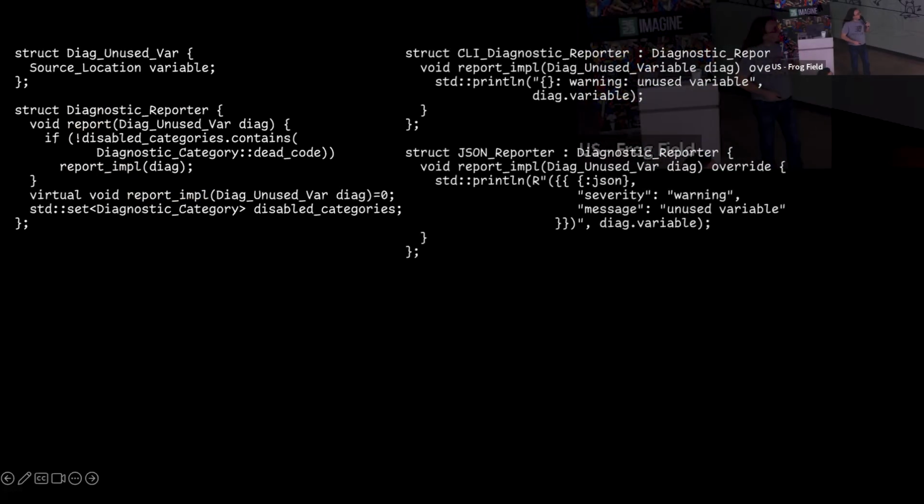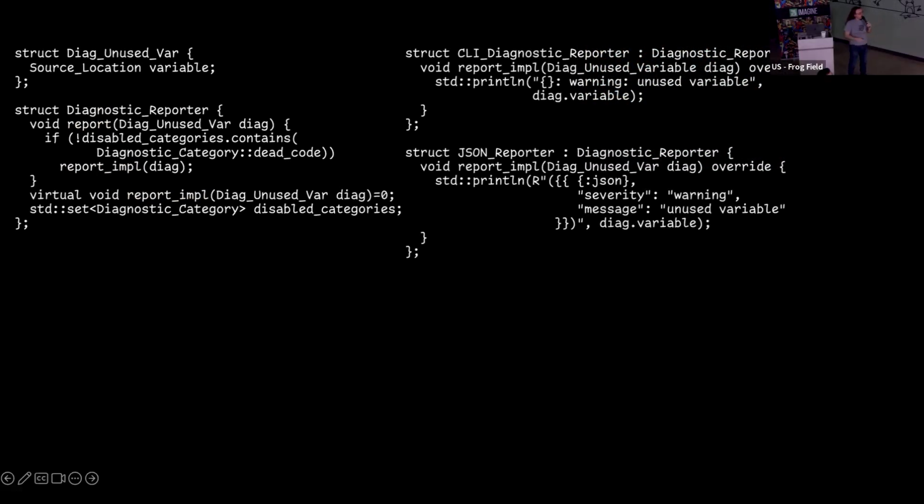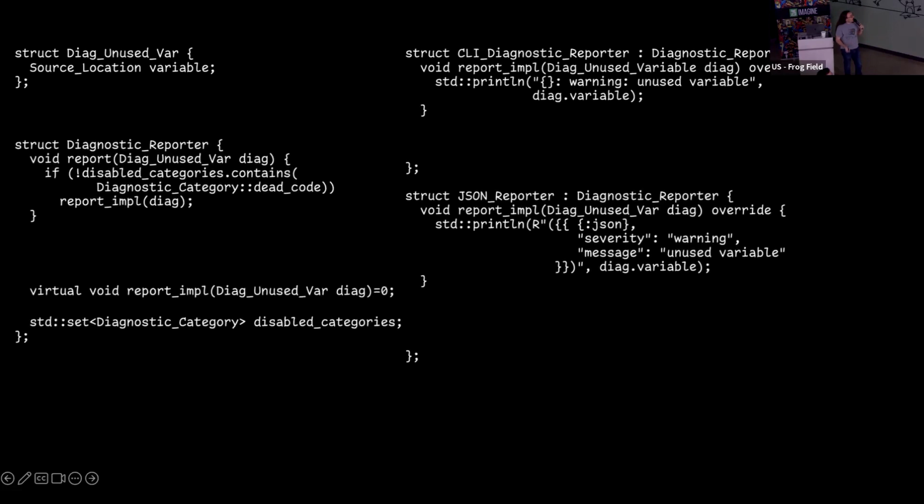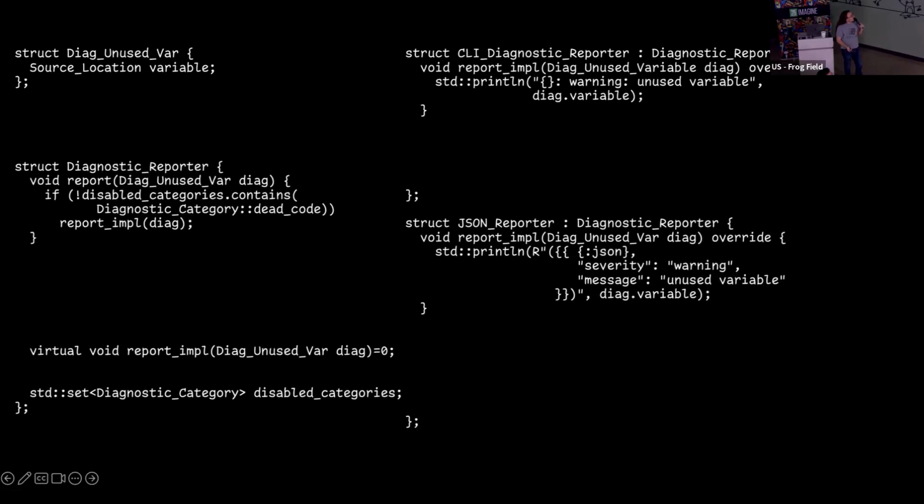So here's all the code that we've made so far. On the left is the base class and also the diagnostic type. And on the right is the CLI diagnostic reporter and the JSON-based diagnostic reporter. Now, this is all for one diagnostic. If we want to add a new diagnostic, we have to put code in 5 different spots.